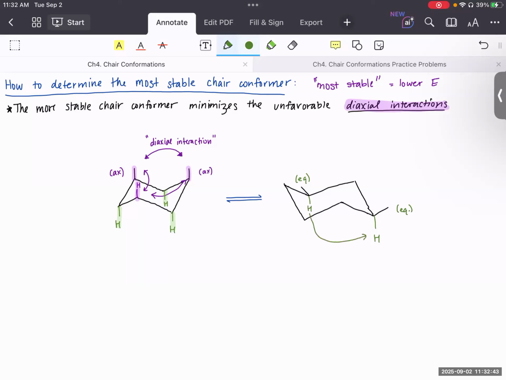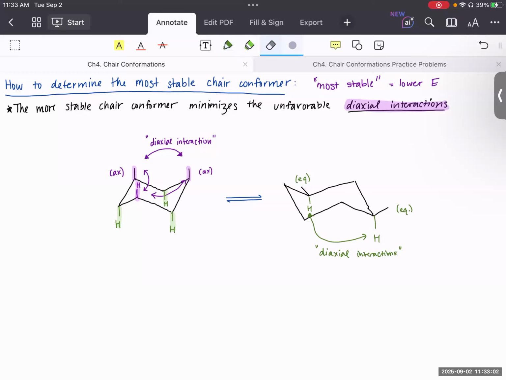These 2 hydrogens right here are spaced 2 carbons apart, so we still get diaxial interactions there. However, hydrogens are pretty small, so the steric strain isn't really going to be that high, and it's not that bad.